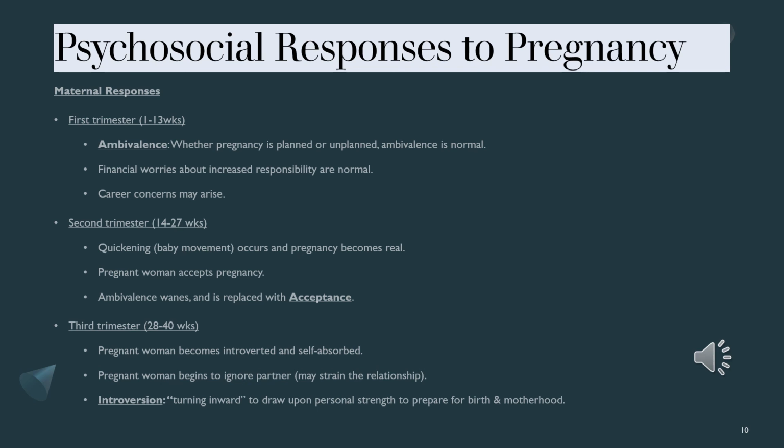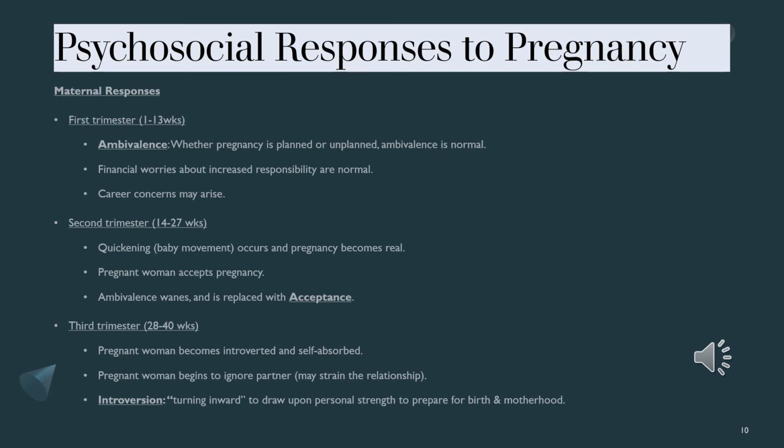So some of the psychosocial responses that you're going to see during pregnancy, that first 13 weeks or so, mom may have some ambivalence. Even if this pregnancy is planned, she may feel unsure about the pregnancy.